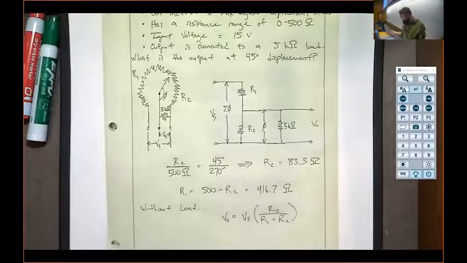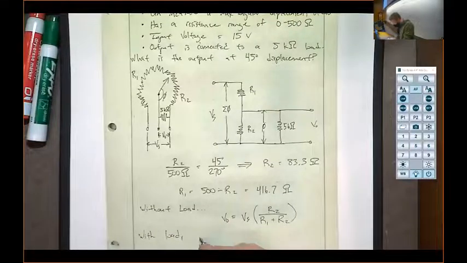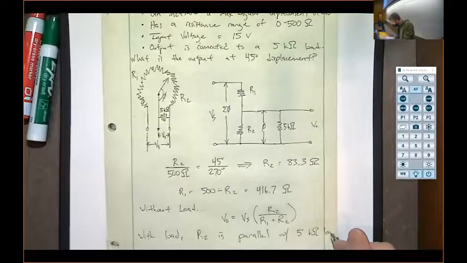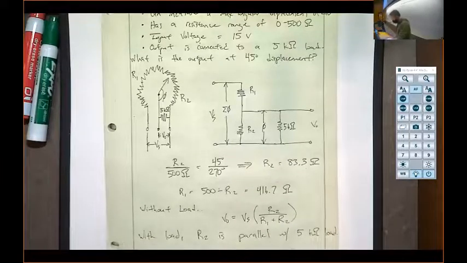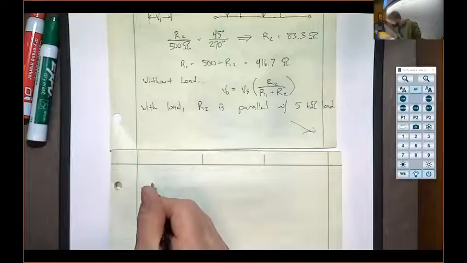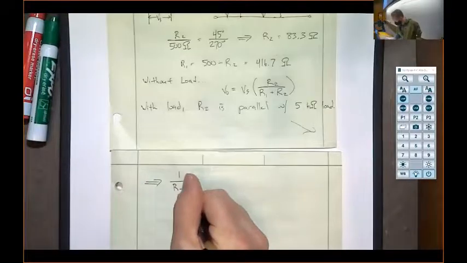Now we need to consider that load. With the load, R2 is parallel with that 5 kilo ohm load. Let's go to the other page. Because they are parallel, we want to add them together in parallel. So let's call that R sigma.